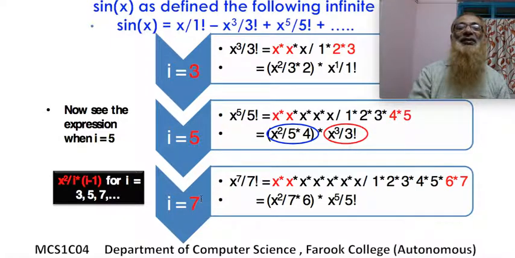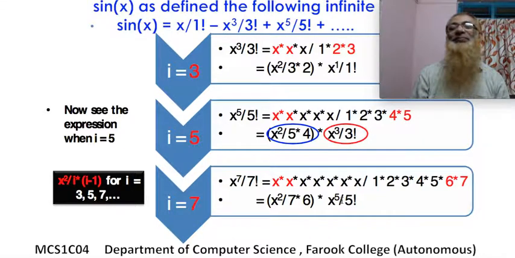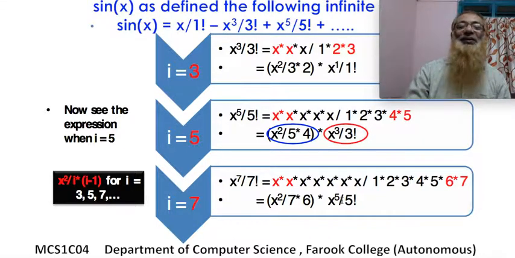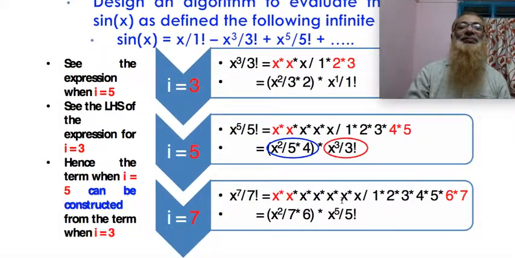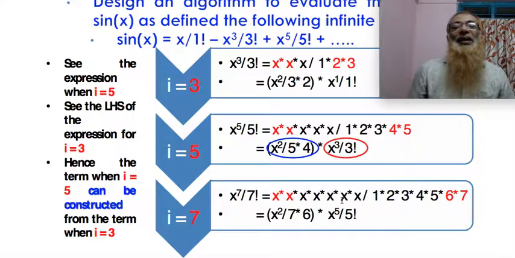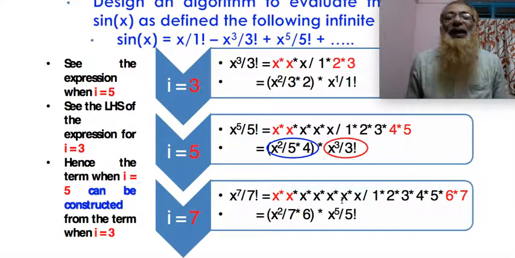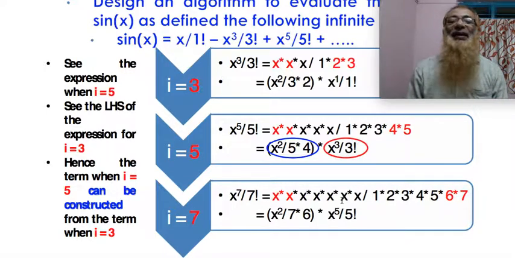We generate the third term from just the previous term, the second term. That means we can easily reconstruct the current term from previous terms.